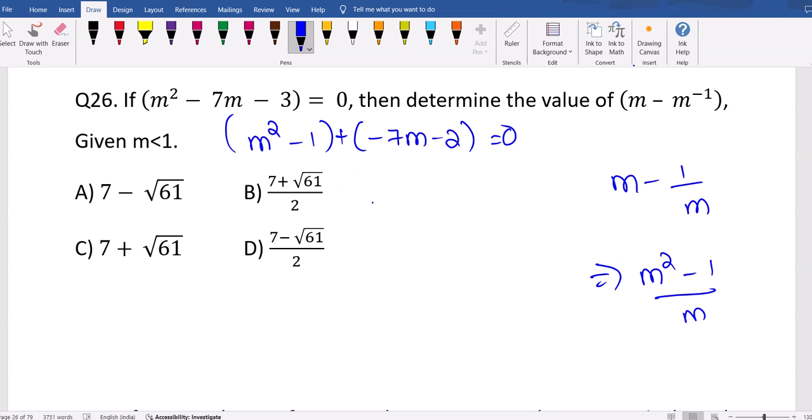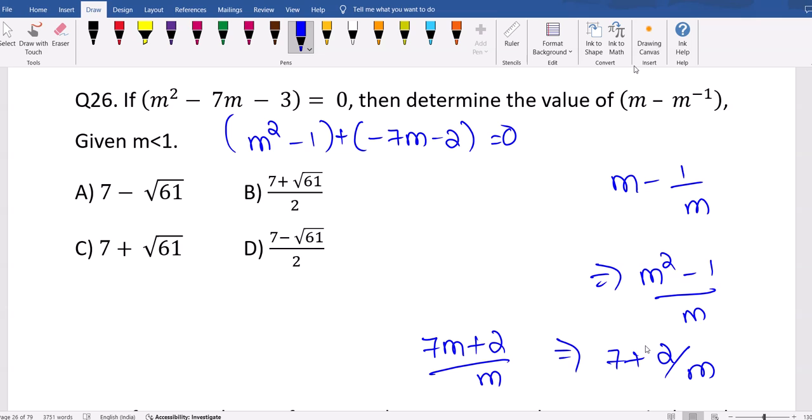Then m square minus 1 can be written as 7m plus 2. So this numerator is 7m plus 2 divided by m, which is 7 plus 2 by m. That's what we required, 7 plus something.